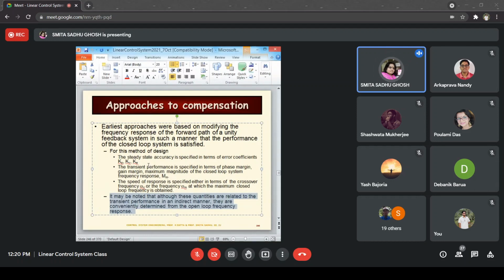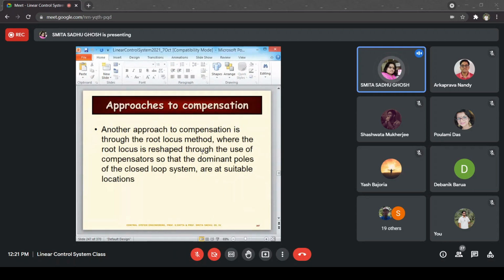But the transient response is indirectly related to the frequency response specifications, namely phase margin, gain margin, maximum magnitude of closed loop frequency response, and so on. Though we are speaking about the transient performance, meaning the time response, the specifications that we have mentioned are frequency response specifications, because they are indirectly dependent on this.